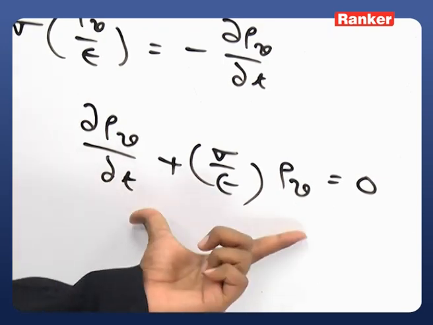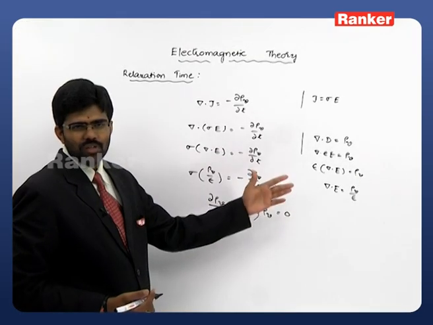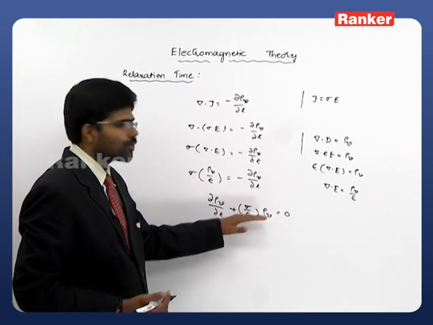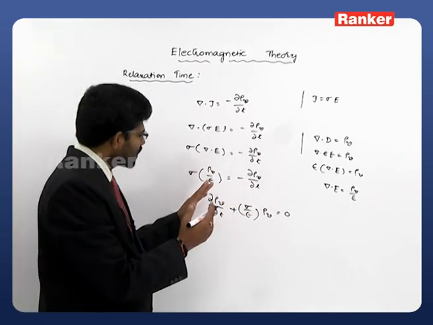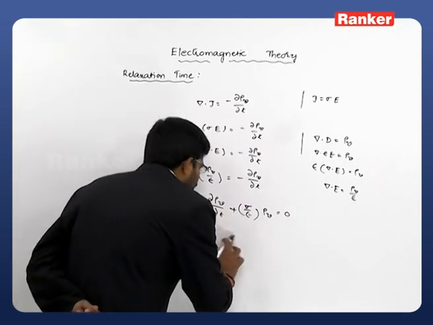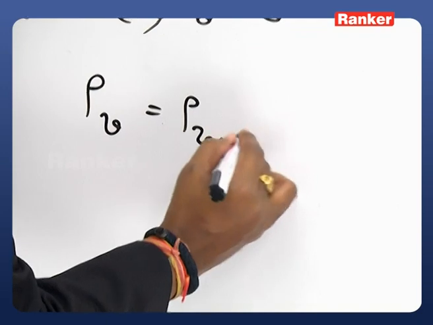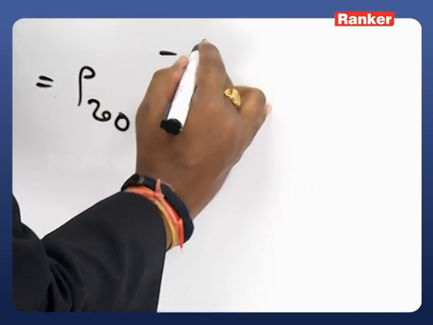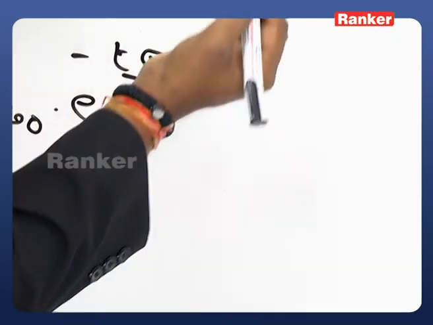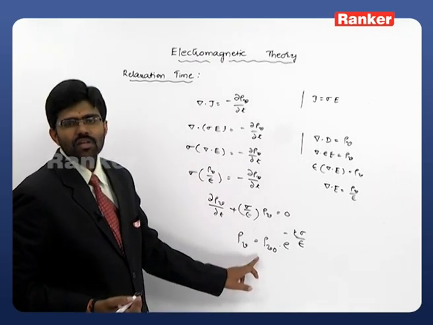So directly we can obtain the solution by substituting its boundary values, that is, at time t equal to 0. After simplifying, we obtain the solution for ρv as ρv0 e power minus tσ/ε.